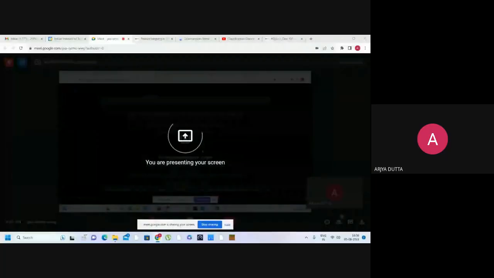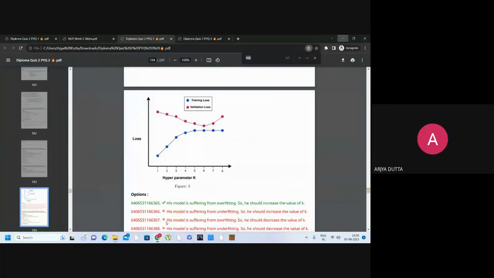I think you will have to click the option share full screen, something like that. I'm sharing the entire window. Not the entire window, the entire screen. Entire screen, yes. Okay, got it. Now it's visible. Yeah, it's coming.